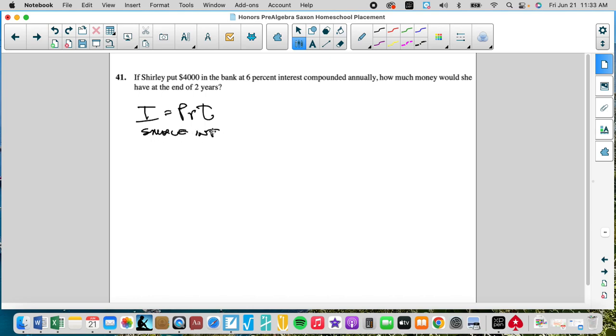And then you have compounding, which is balance equals principal times the quantity, 1 plus r divided by n, to the nt, where p equals principal, r equals rate, n is the number of times it's compounded, and t is time. So we want to find the balance.